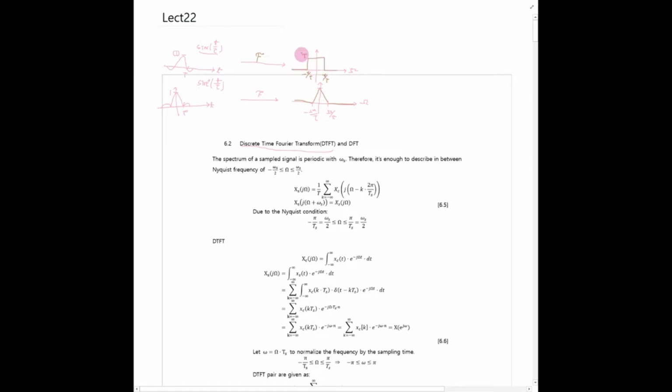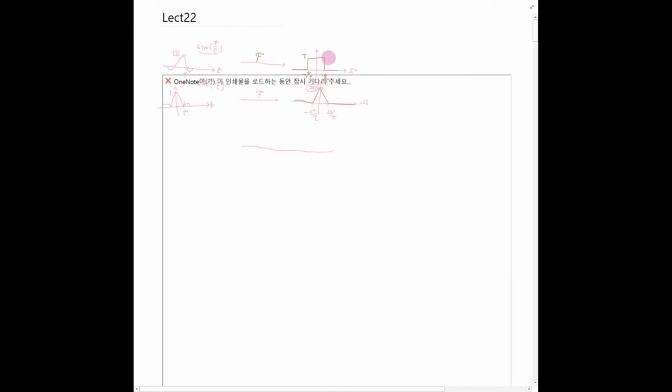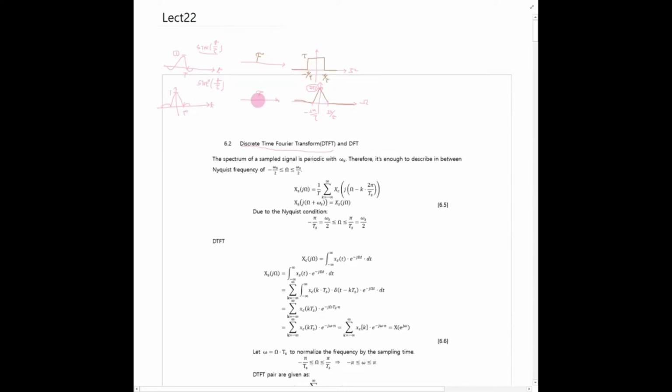Then this becomes tau squared times 2 pi over tau. So that's why this becomes 2 pi tau. This is the peak value. So you need to understand the basic operation between the sinc in the time domain and the rectangular shape in the spectral domain, or in the case of the squared version, the triangular shape.